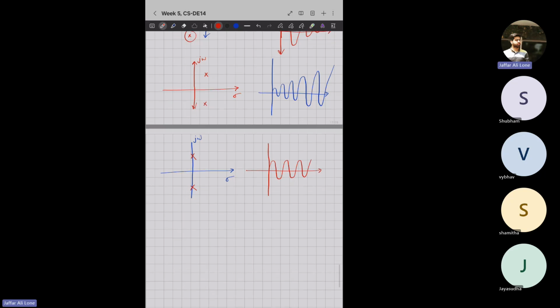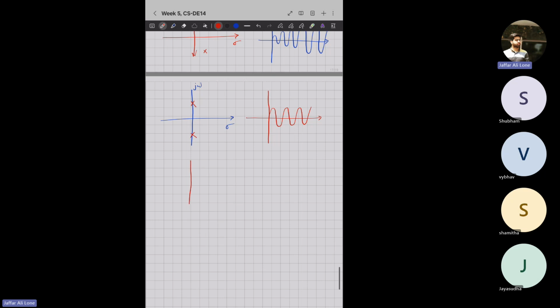Okay, now see. Again, the system has poles on the imaginary axis, sigma, j omega, but this time the poles are repeated. The system will oscillate the same way I did it for unstable systems.